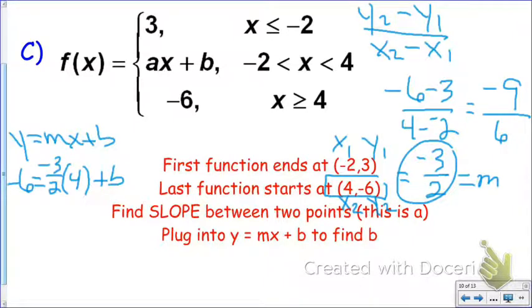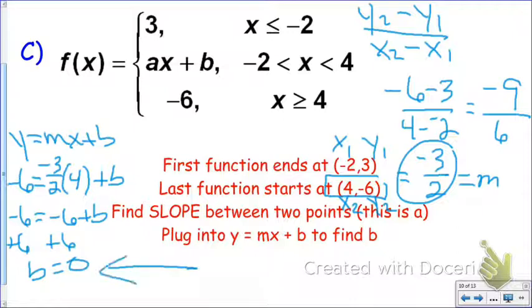By plugging in one of my ordered pairs, I then only have one unknown variable, which is b. So I'm able to solve for that. If I multiply my -3/2 times 4, I get -6. So I have -6 equals -6 plus b. Then to solve for b, when I add 6 to both sides, my b is equal to 0. My b is my y-intercept, so my y-intercept is 0.